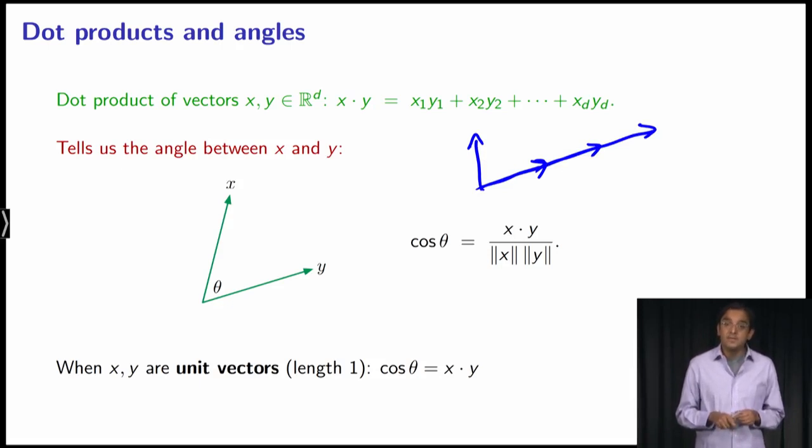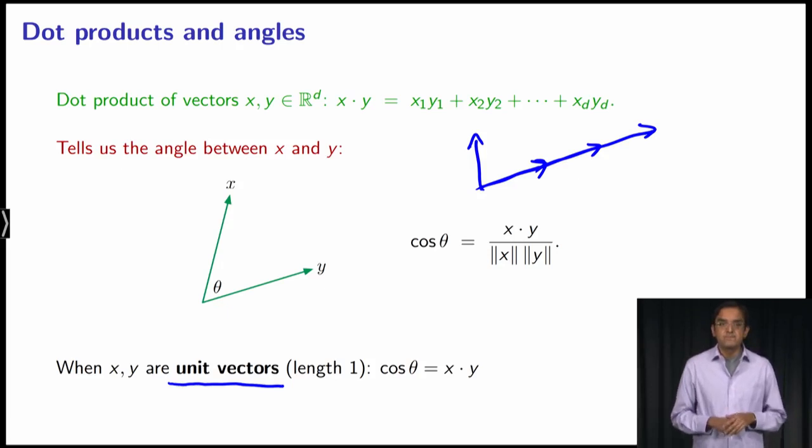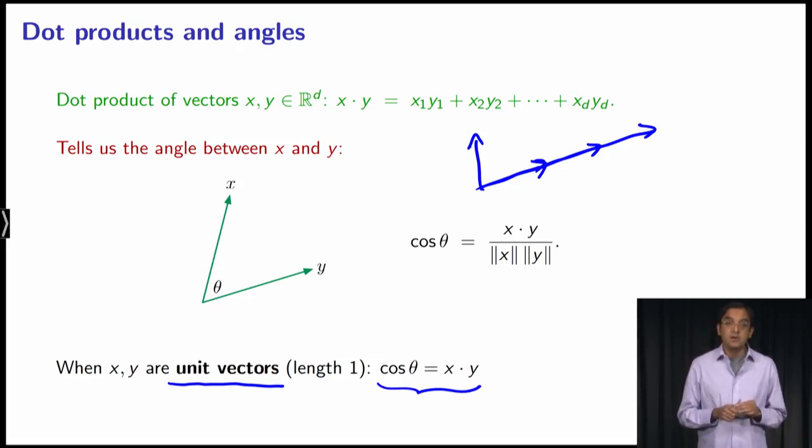And so a common convention when one is only interested in the direction is to normalize vectors to length 1. And that's what we call unit vectors. Sometimes we'll be working with unit vectors, quite often actually. And when x and y are unit vectors, this formula for the angle becomes especially simple because the denominator is just 1. And so we get that the cosine of the angle is simply x dot y.